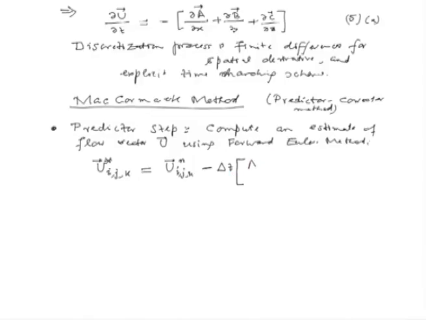So, A becomes A I plus 1 comma j comma k minus A I j k.